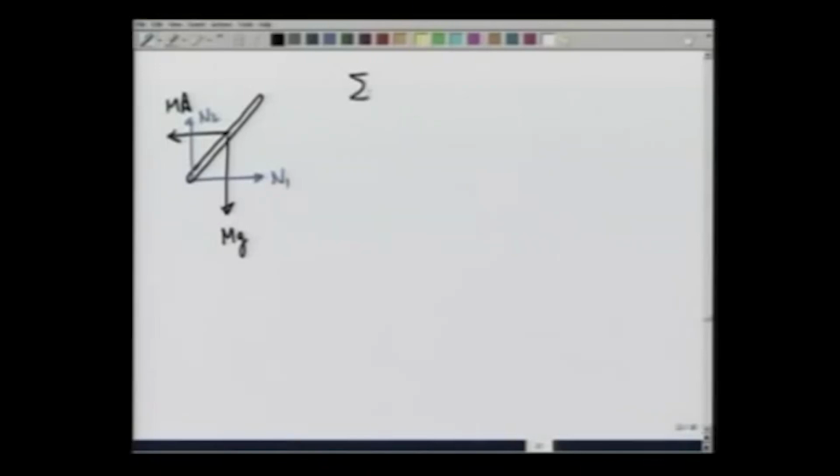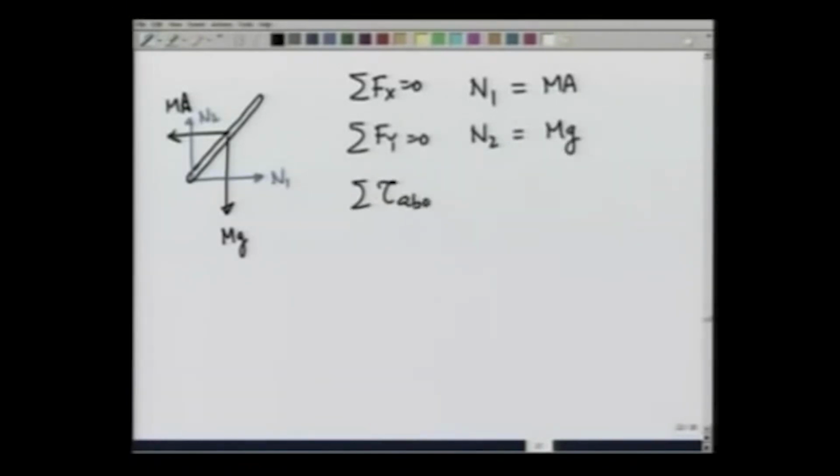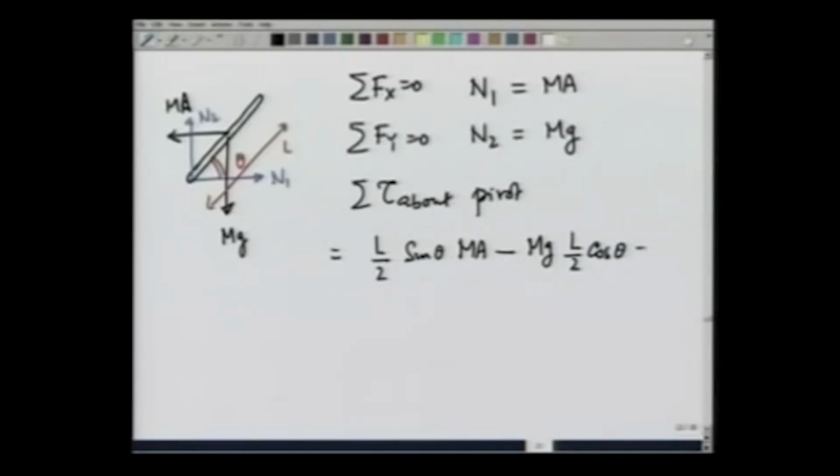Summation Fx equals 0 gives me n1 equals ma, summation Fy equals 0 gives me n2 equals mg, and summation of torque about the pivot gives me, if this angle is theta and the length of the rod is L, L over 2 sin theta times ma minus mg times L over 2 cosine of theta equal to 0.